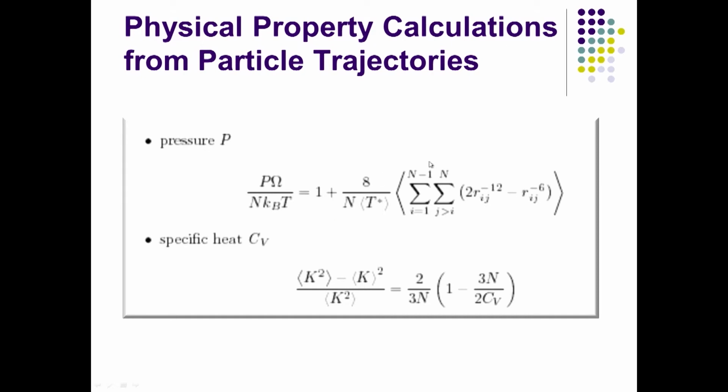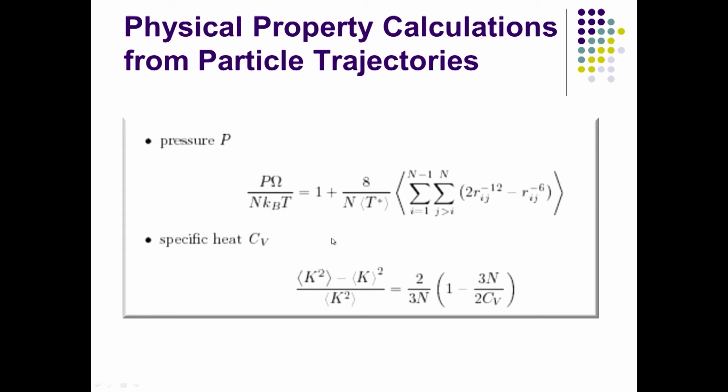And you are looking now again at the time average, represented by these brackets, inside the two summations, again from i equal to 1 to n minus 1, j greater than i to n. Now, you are looking at 2 r_ij to the minus 12 minus r_ij to the minus 6. So, this is the potential, configurational contribution to the pressure, and there is a contribution which is coming out of the kinetic energy.